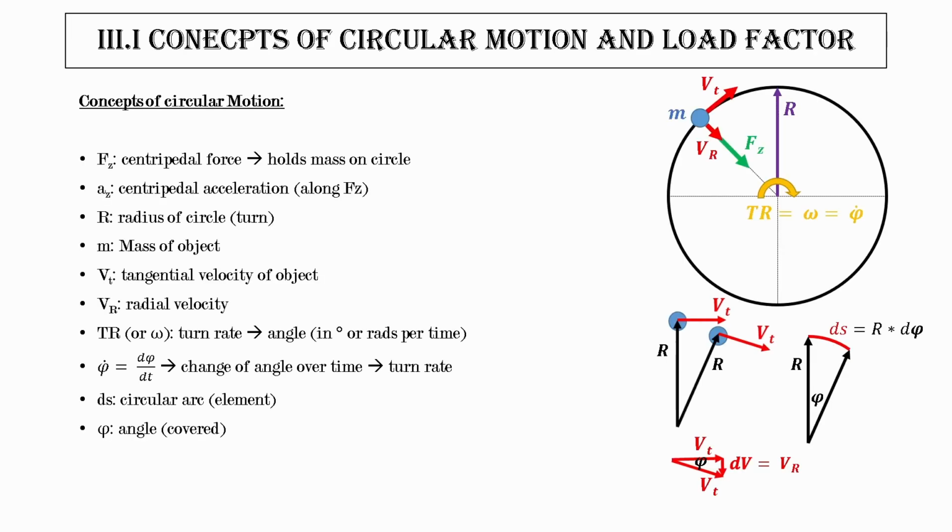So as I said, we have a specific radius r, we have a tangential velocity vt, our airplane has a specific mass which we can somewhat influence depending on the load that we are carrying, and we have a centripetal force that's pulling us around the turn, and we will need to talk about how this comes to be, because obviously there is no magic rope attached to our plane that's pulling us around this center of the turn here. And we have a specific turn rate, which is the angle we cover per time, TR or omega or phi dot.